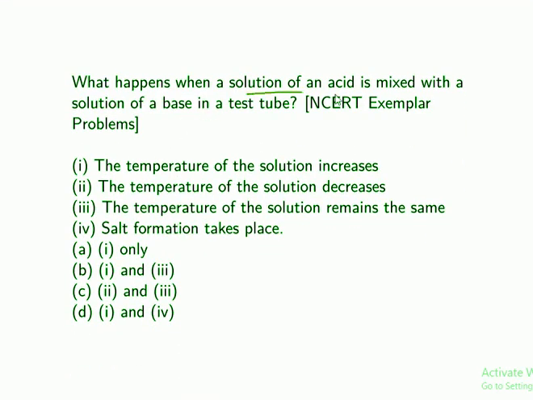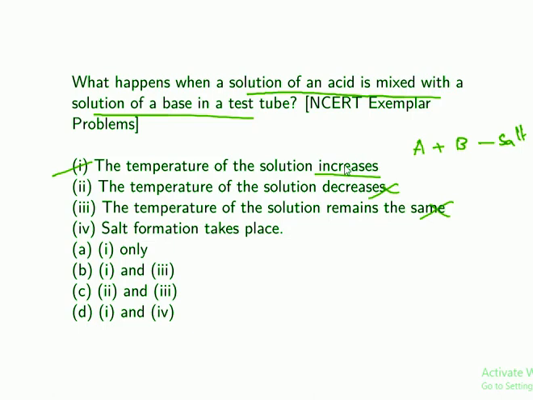What happens when a solution of an acid is mixed with a solution of base in the test tube? Okay, when an acid is mixed with base, what happens? We are going to get salt. You know this, right? Okay, so the temperature of the solution increases. Yes. The temperature of the solution remains the same, this is wrong. This is also wrong. It doesn't remain same or decrease. It is going to increase.